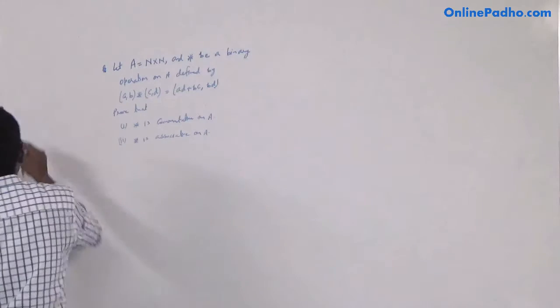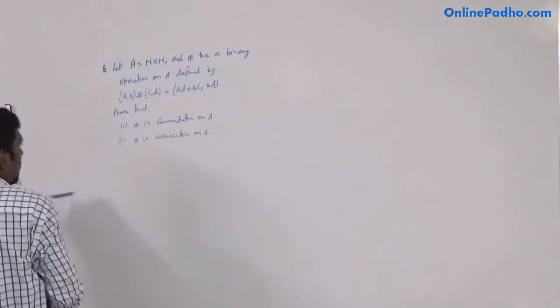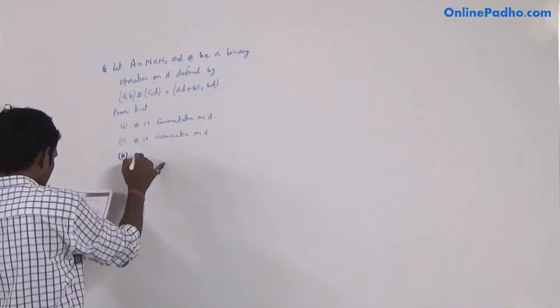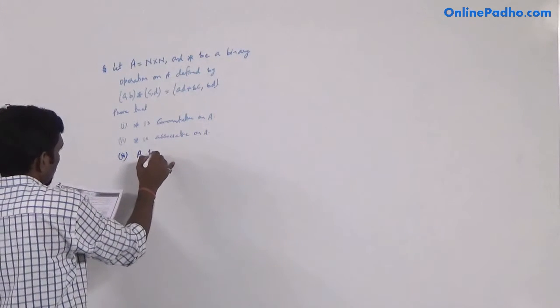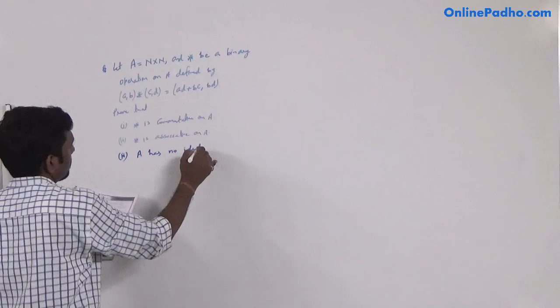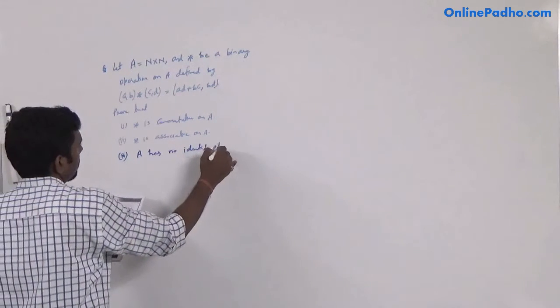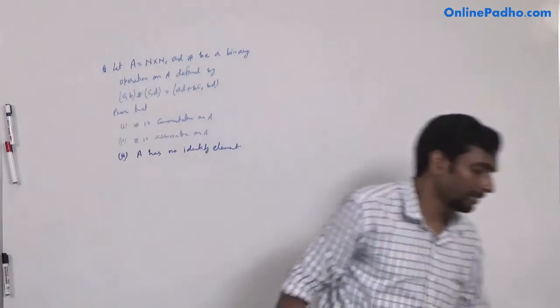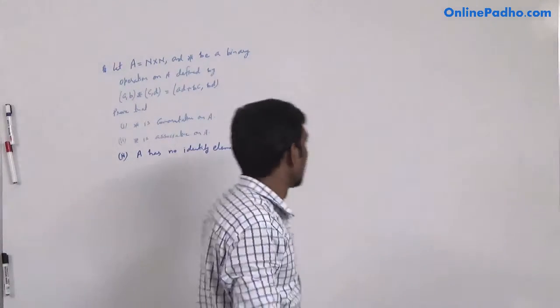Star is commutative on A, star is associative on A, and the third part, A has no identity element. A has no identity element, right? Very important part.